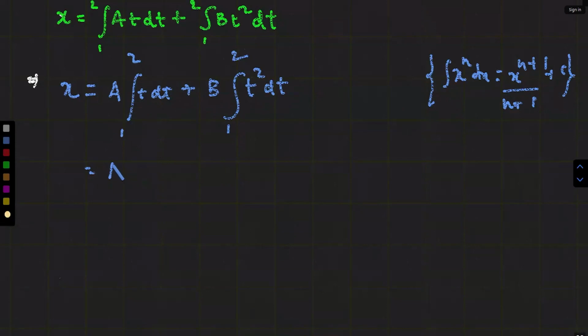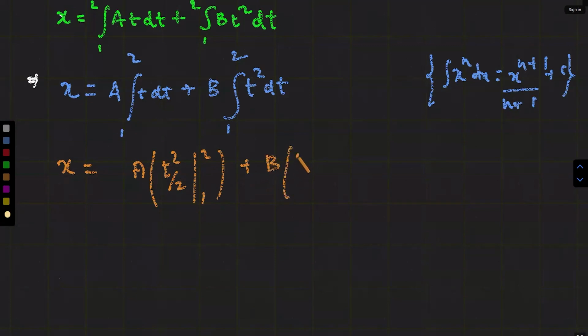So x is equal to a into t square by 2 from 1 to 2, plus b into t cube by 3 from 1 to 2.